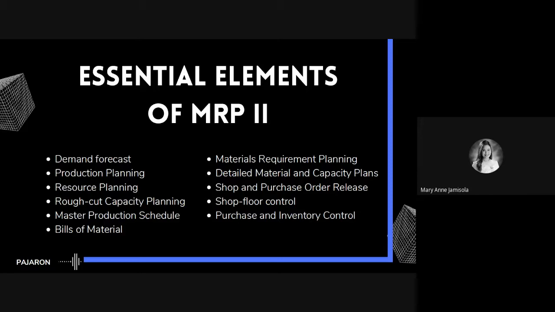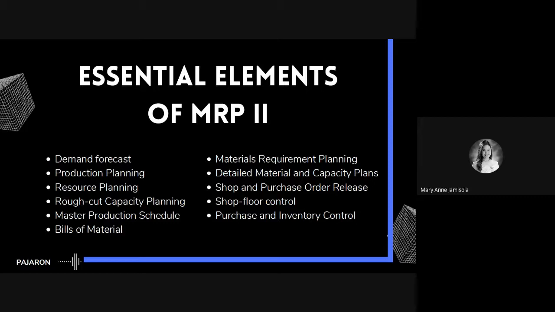We also have detailed material and capacity plans, which set out the detailed schedules for providing material and capacity as derived from the material requirement plans and detailed capacity planning. Only if capacity is available is the plan allowed to proceed. So if we are capable, that's the only time that the plan will be allowed to proceed.